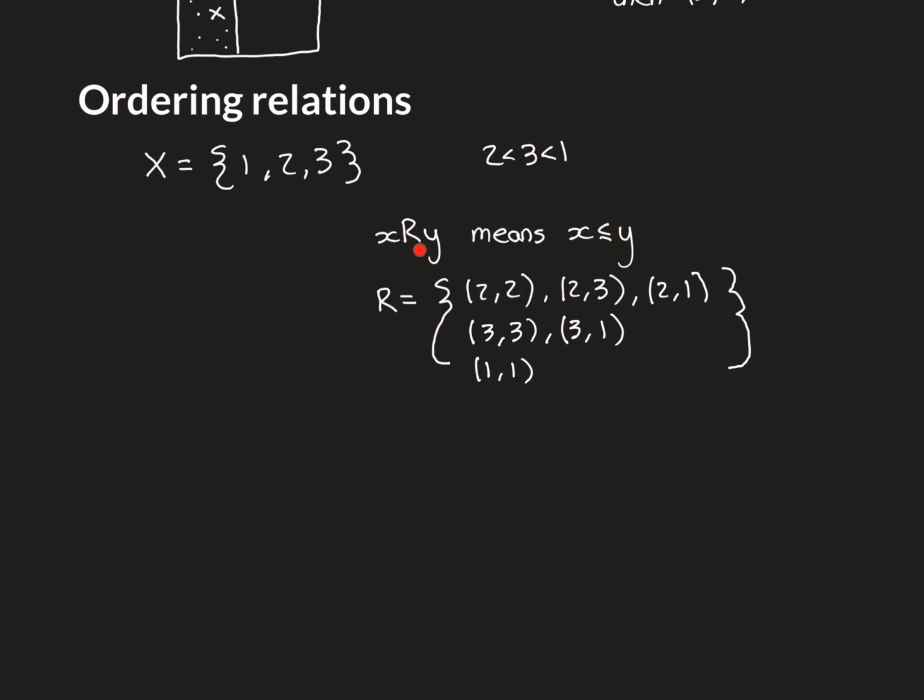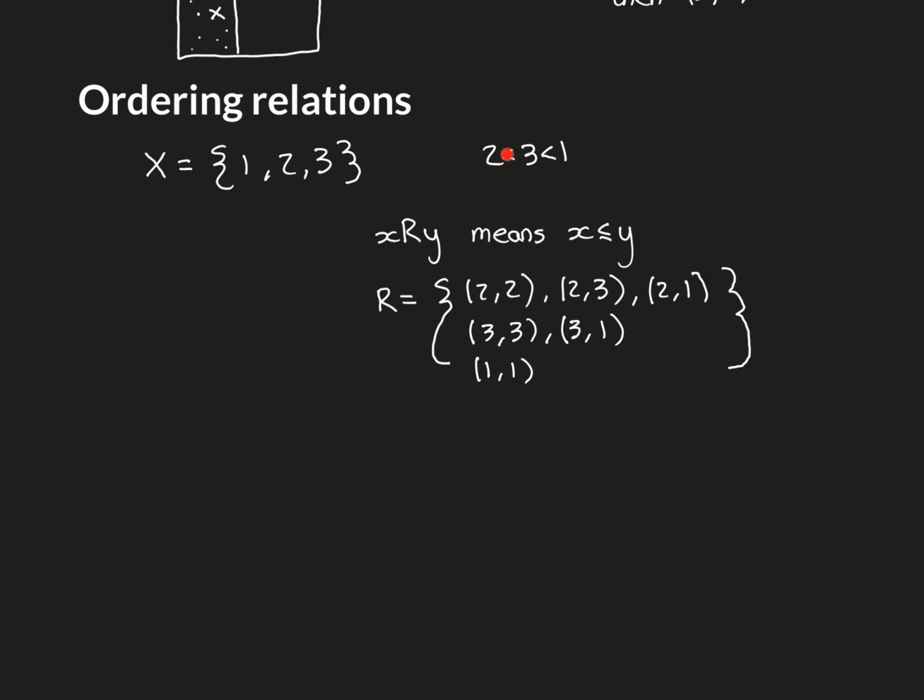You'd then not have all of the ordered pairs where you have the same element in both positions. However, it's convention that we do it this way. We define the relation as less than or equal to and include the ordered pairs with the same thing in both positions in our ordering relation. So let's look at this example and then we'll look at the general definition of an ordering relation.